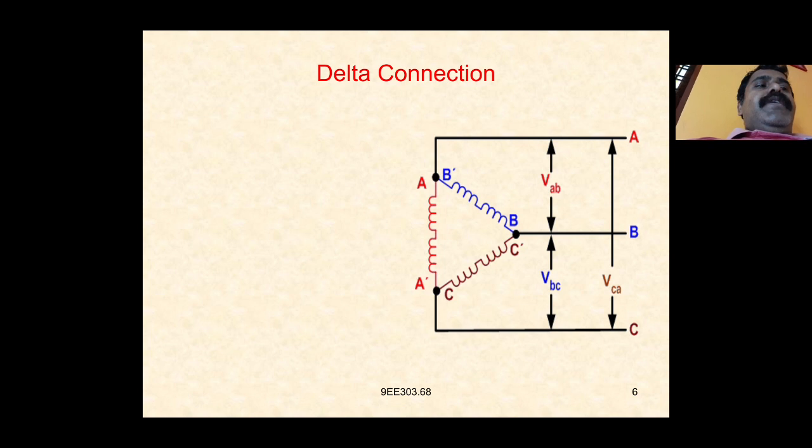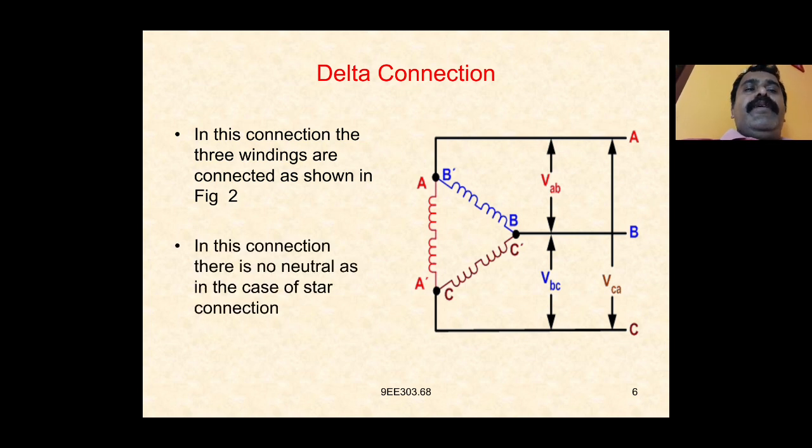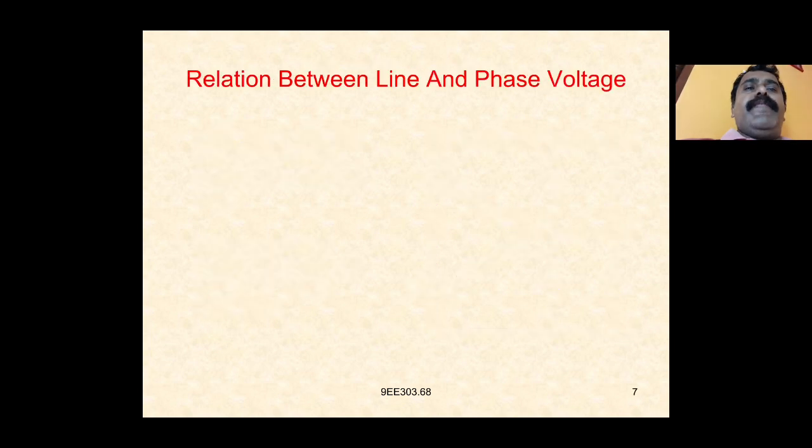We express VAB, VBC, and VCA as the line voltages. The three windings are connected as shown in the figure. In this connection there is no neutral, as in the case of star connection.